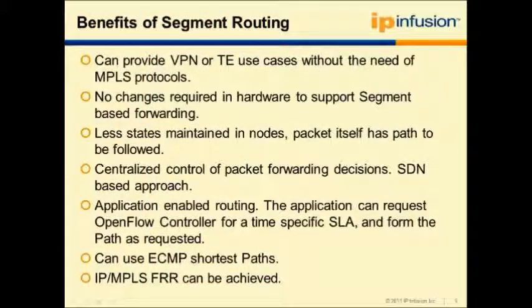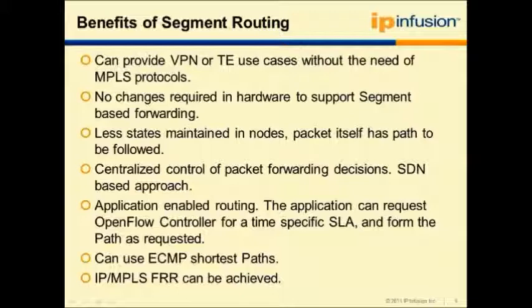So let's summarize the benefits that segment routing is offering. First of all, the traffic engineering and VPN use cases can be achieved with existing IGP protocols. One major thing is that currently no changes are required in hardware to support this segment-based forwarding. It is just a change in the control plane. Much more important, it's very simple to implement, and there is much less state maintained per node.